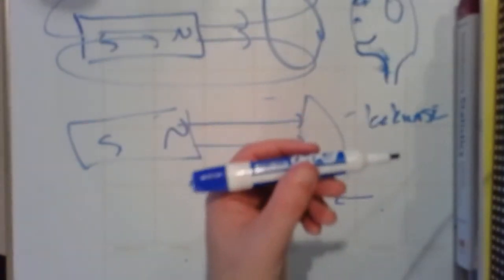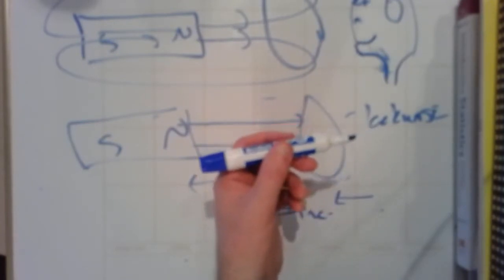It's pointing to the right and going down, so it's increasing to the left. The induced current, then the EMF, the voltage around this loop, will create a new current that will create a new flux that points in the opposite direction.